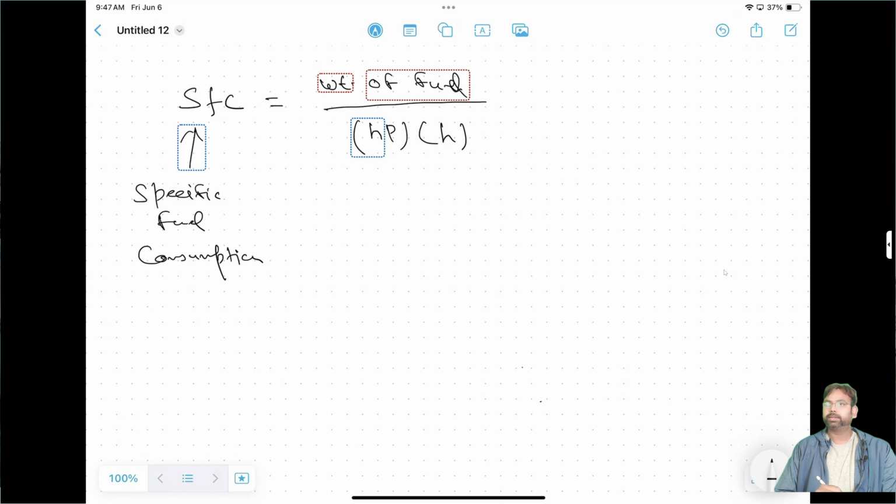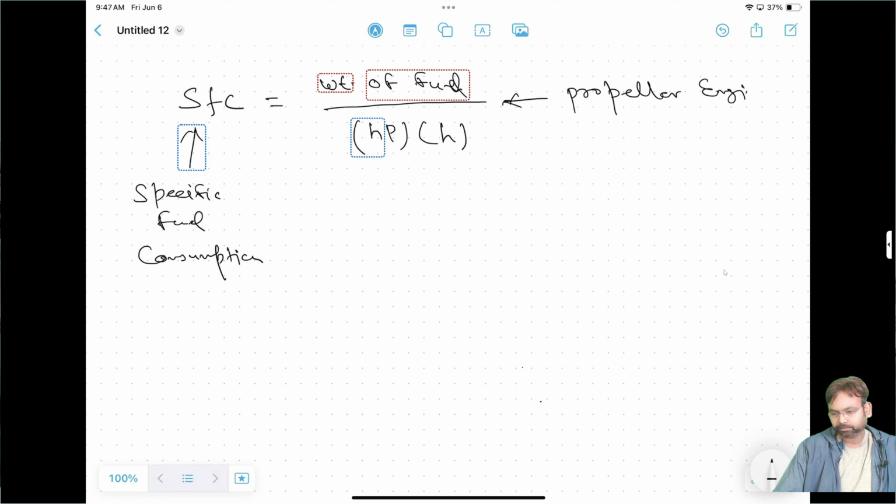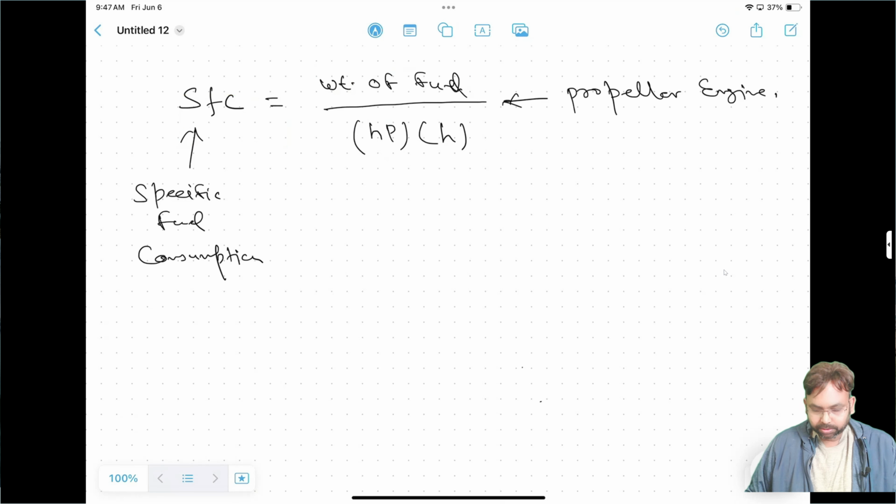I am taking time in hours. So this is for a propeller engine. So guys, always remember reciprocating engines are rated in terms of horsepower.